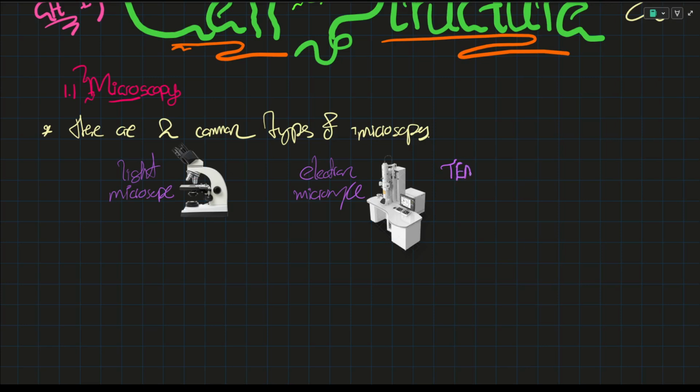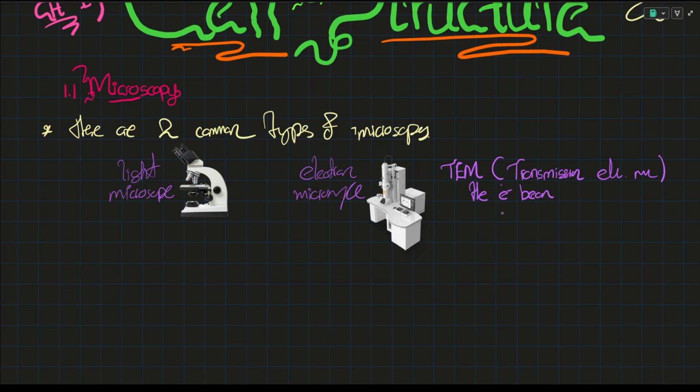The first core type of electron microscope is known as a TEM. TEM stands for transmission electron microscope. I'm not going to write that. Simply transmission electron microscope. So what's so special about this? The electron beams. So electron microscopes obviously use electron beams, right?